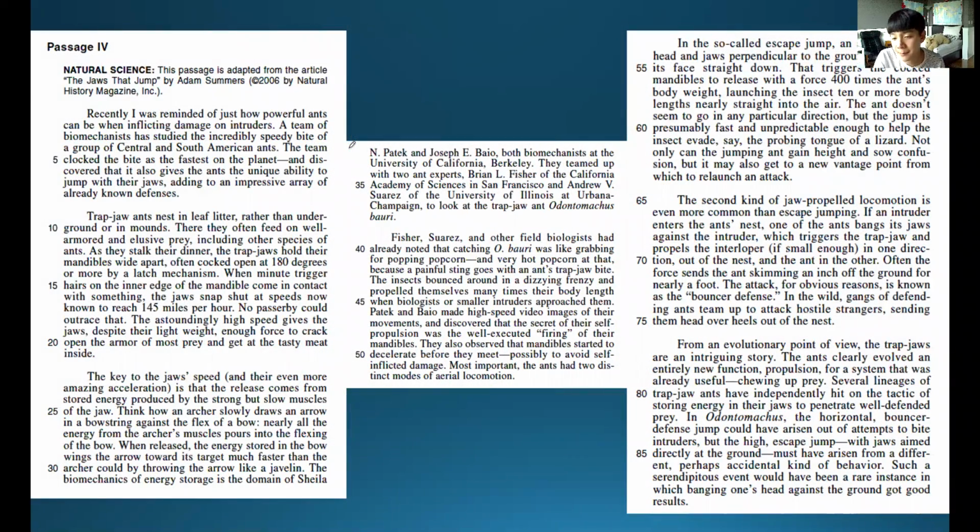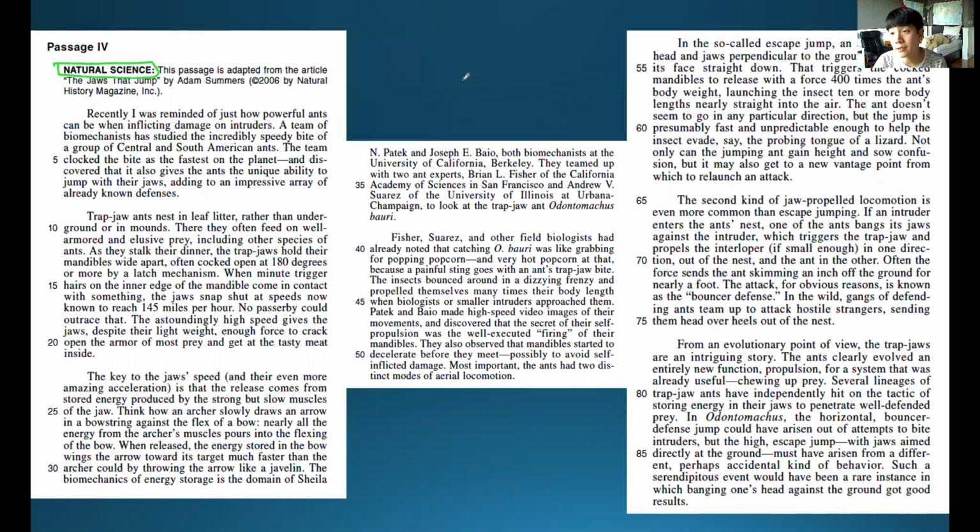Looking at the last passage, this is a science passage, and I forgot to mention this, but there are 4 passage types, and they highlight this right here in the passage. It's in all caps and bold in each passage, and these 4 passage types always stay the same, no matter what reading test you're doing, 2016, 2017, any ACT reading test.